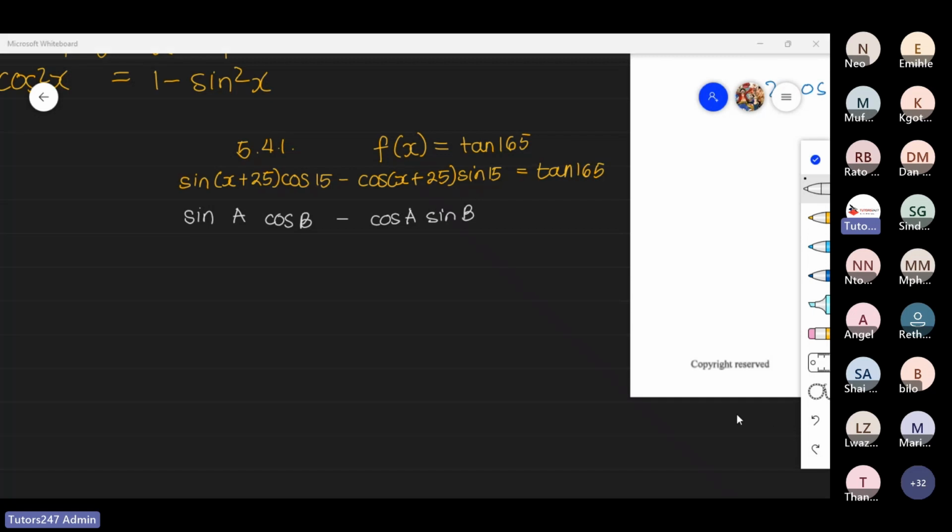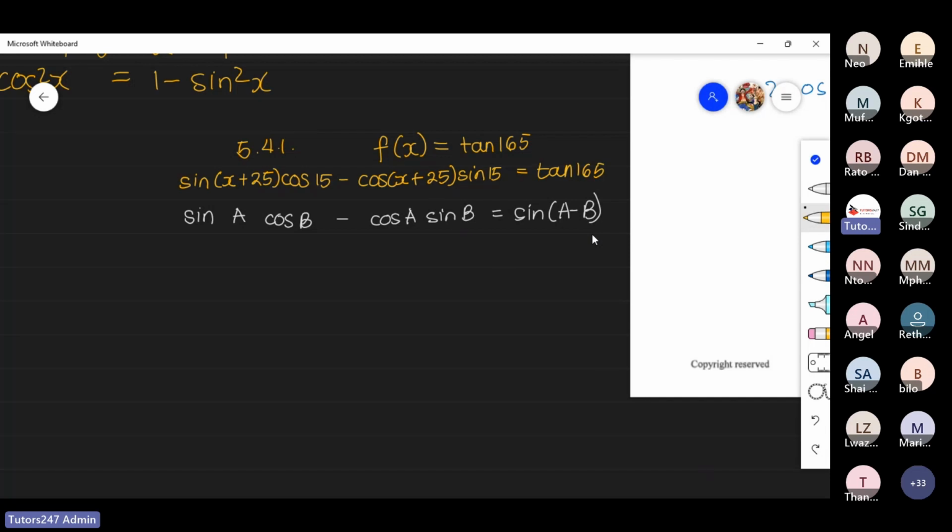You can then see the repetition of sine and cos. So this is equal to sine of A minus B. So in place of my left-hand side, I'm going to put sine of A minus B. A is going to be x plus 25 and B is going to be 15.